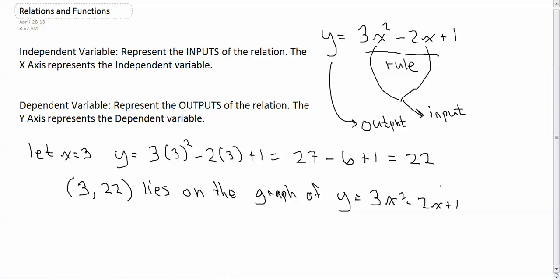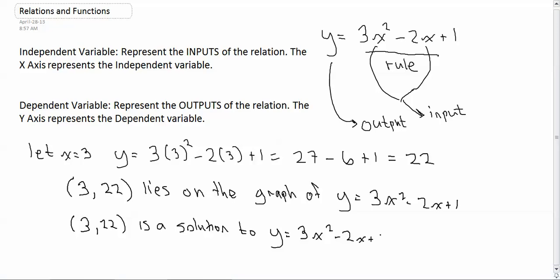We can also say that this point, 3, 22, is a solution to our function y is equal to 3x squared minus 2x plus 1. So these are all different ways of representing the same idea. The main point to get here is that you have input values and output values.